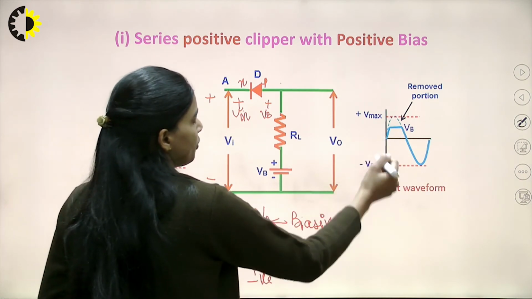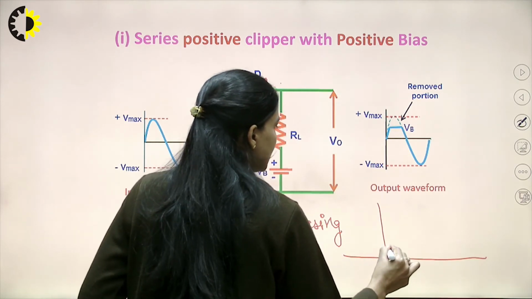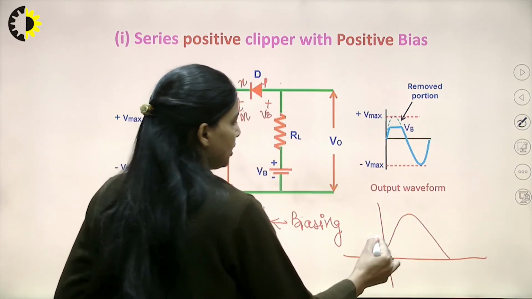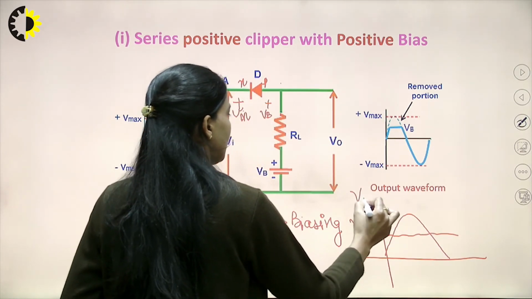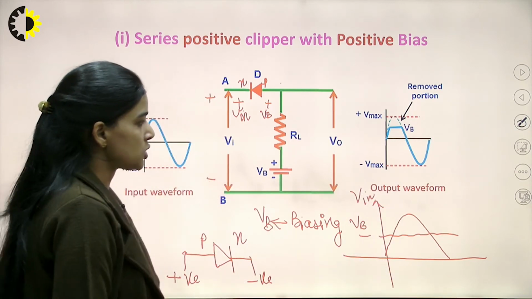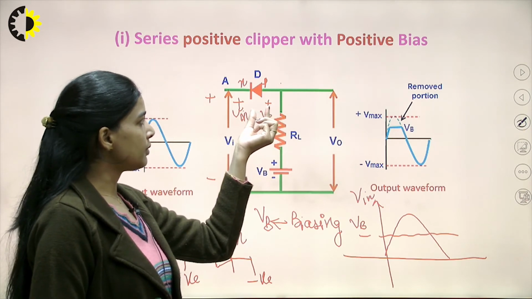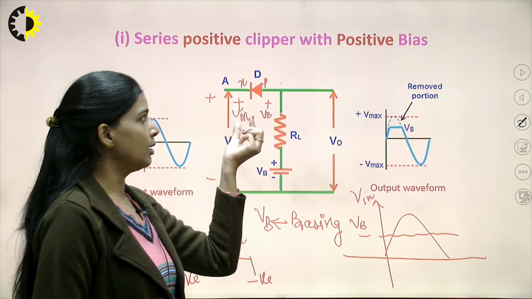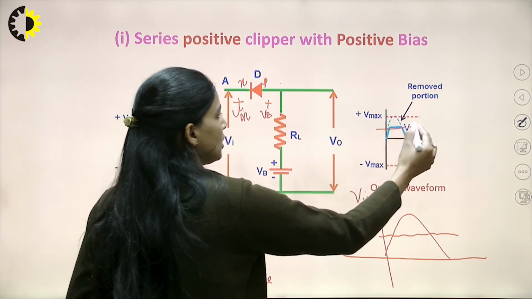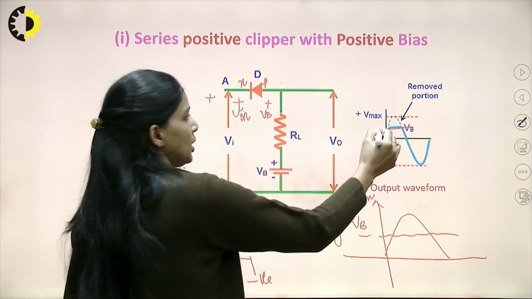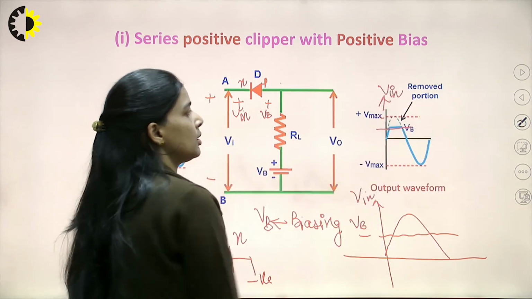Here at the output, if this is the input and this is the VB voltage, the reference potential, then what I said is that if VB is more positive than V in, we get the output.